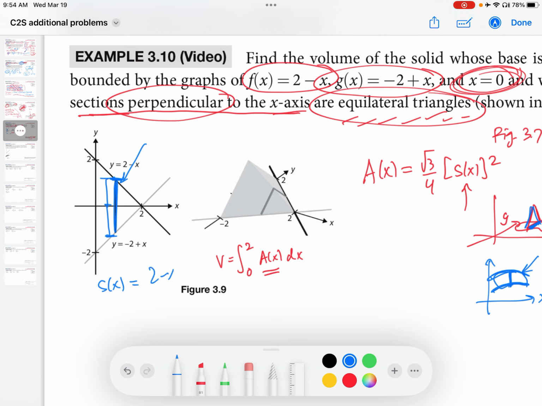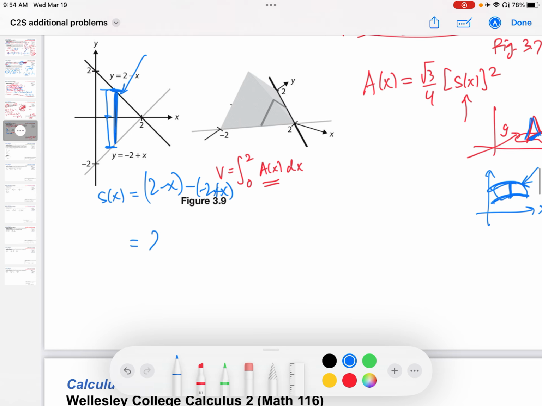So the height is 2 minus x minus negative 2 plus x. That's my height, that's my s of x. So 2 minus x minus negative 2 plus x. What does that give me? Let's simplify. 2 minus x minus negative 2 gives 2 plus 2, and then minus x minus x. So that's 4 minus 2x.